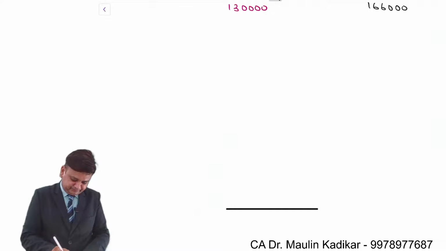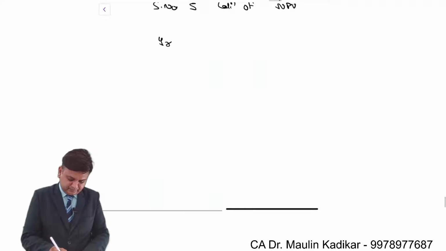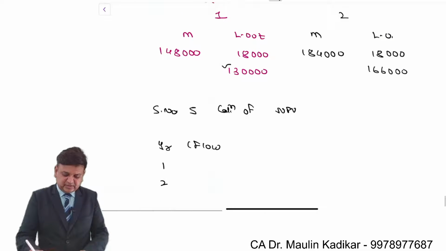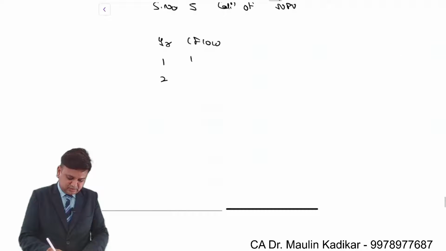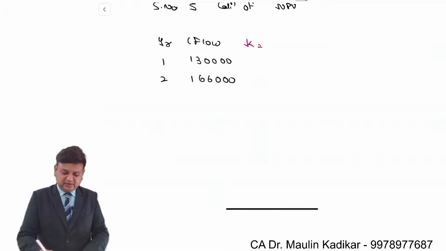Step number 5: calculation of net present value. First year and second year, cash inflow is 130 and 166. This will be discounted at the cost of capital, 25%. First year factor is 0.80, second year is 0.64.